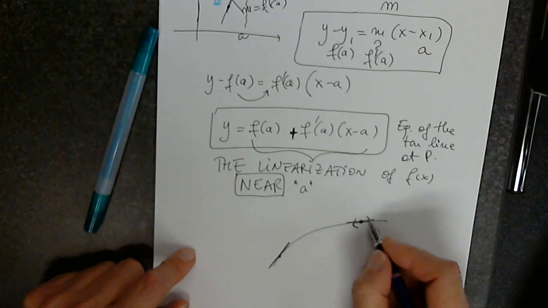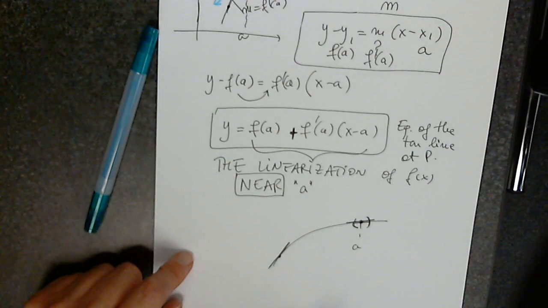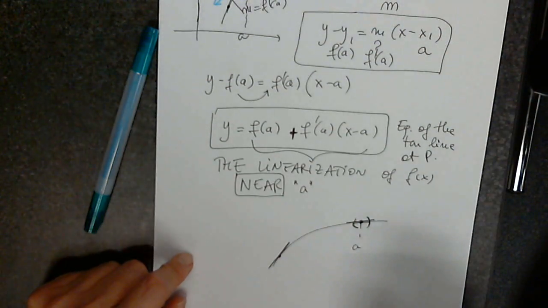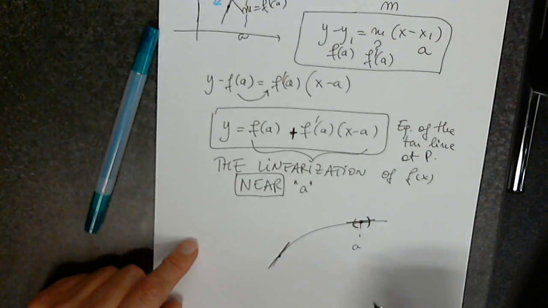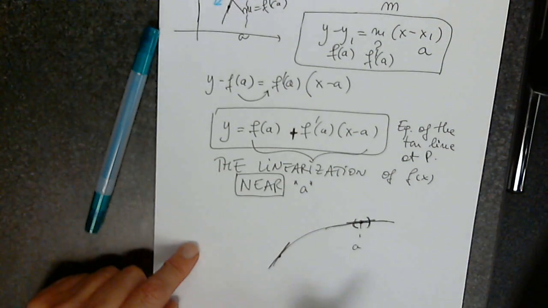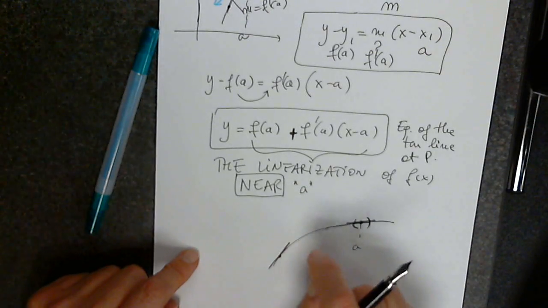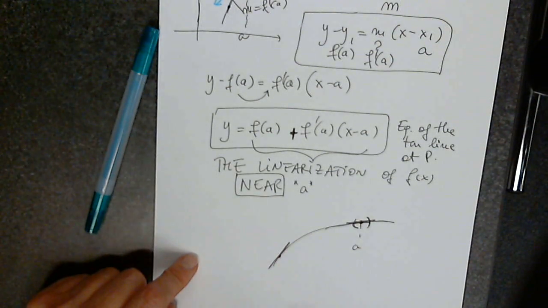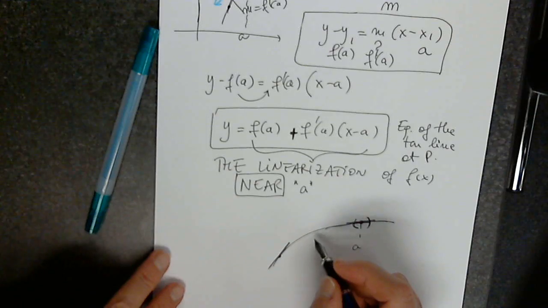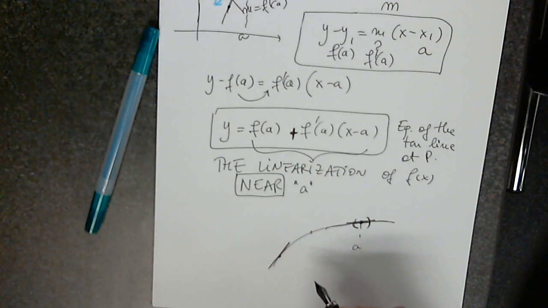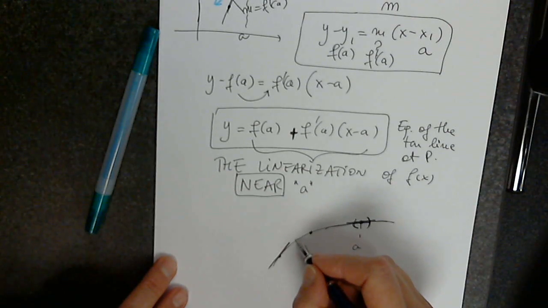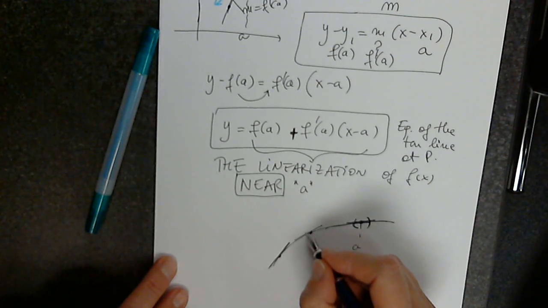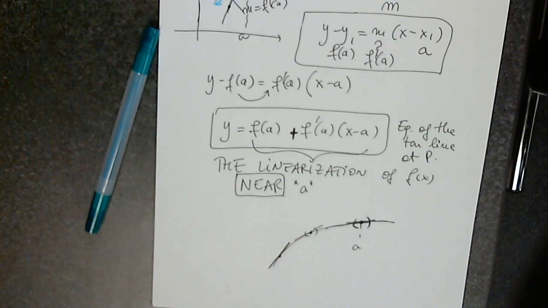When I'm very, very close to this value a, it doesn't matter that much if I use the line to evaluate the function or the function itself. And this happens at every point. You can say, let's make our life easier because the fifth decimal is not important. So in that case, I will find the equation of this line and I will evaluate it instead of the function near a.